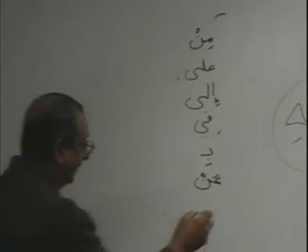Min, ala, ila, fi, bi, an, li. Very important, li. Is there any more? That's it. Ma is zarf. We are going to do ma separately.